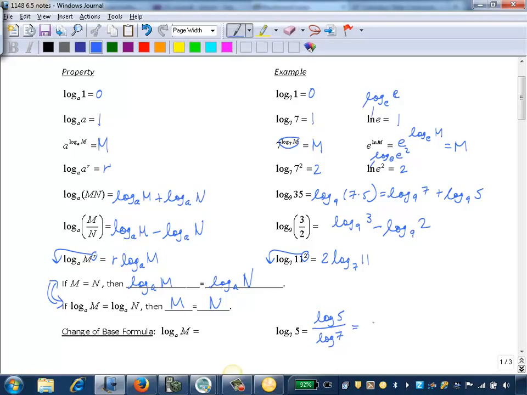We could also choose, for calculator purposes, natural log. So the rule is basically log of the argument over log of the base. So over here, generally, we can change this into log any base, I'll call it b, of that argument m over that same base b, log base b of a.